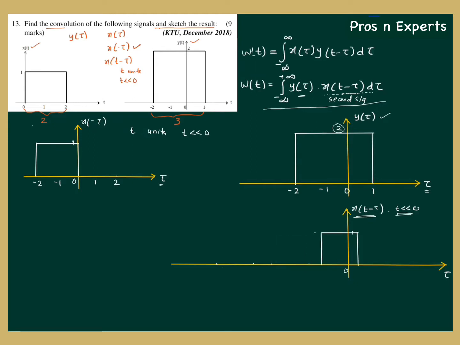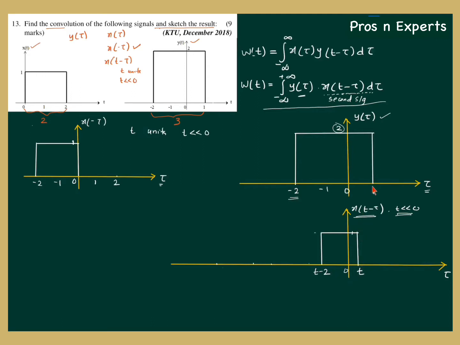Okay, this could be one such condition. The leading edge, t, is greater than minus 2, or inside the y of tau. The trailing edge, which is t minus 2, is also inside. But here care should be taken that although t is greater than minus 2, to say that this leading edge is still inside y of tau, you have to say that t is less than 1 also.